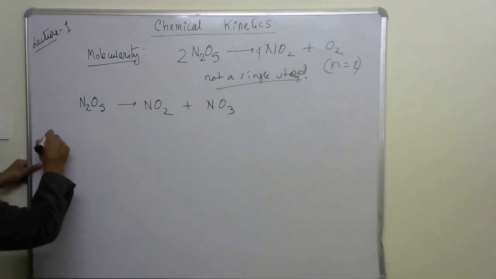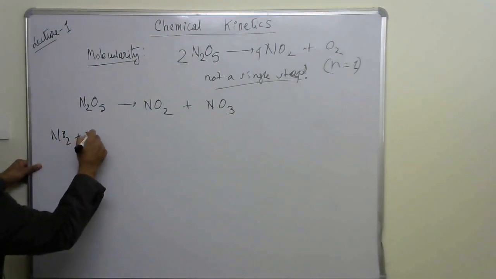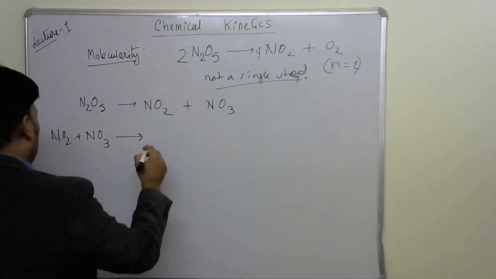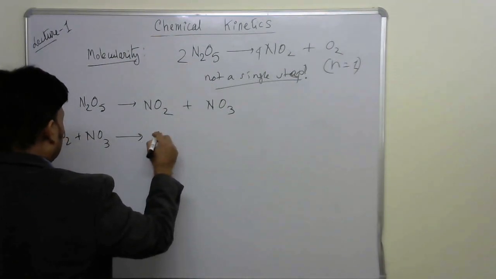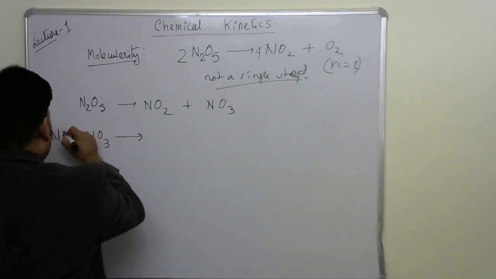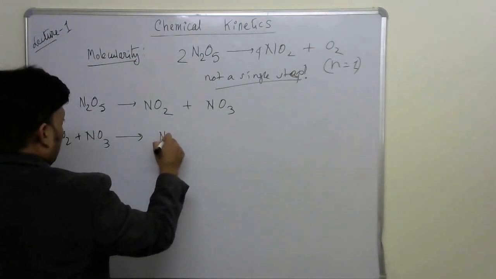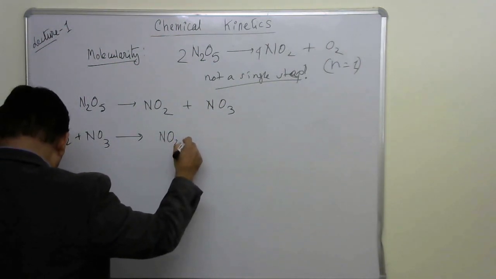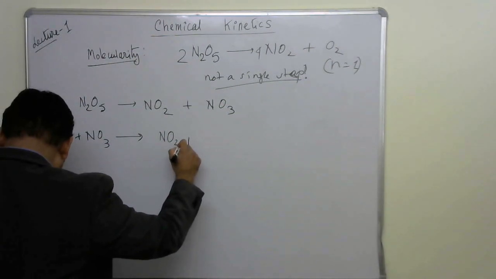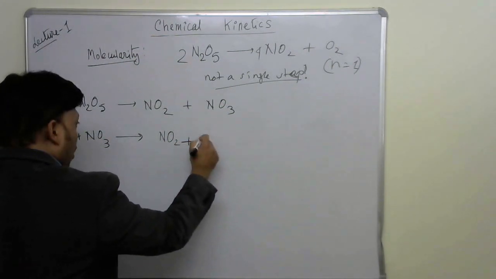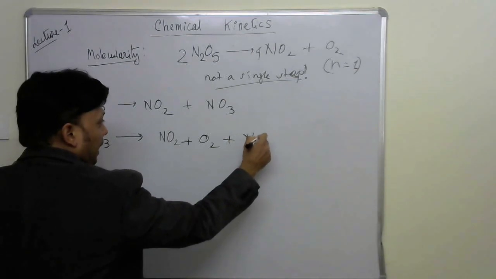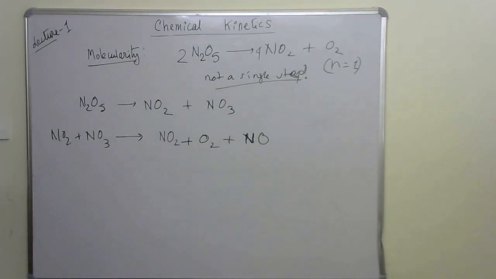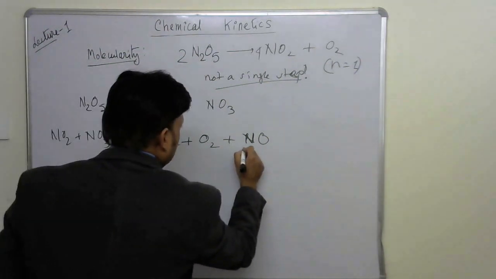Then this NO2 and NO3 further collide with each other to form, once again, NO2 plus oxygen and NO. Now what happens in the third step?